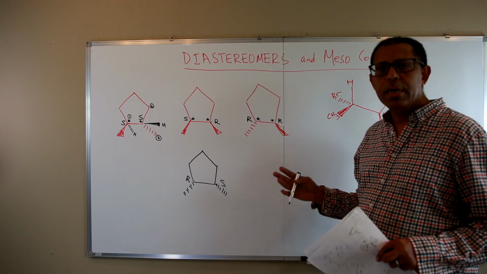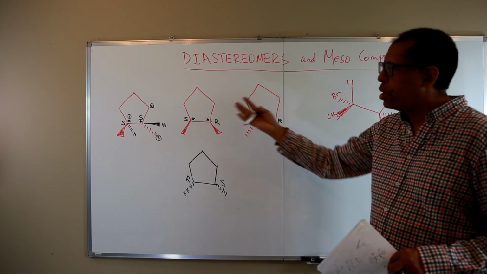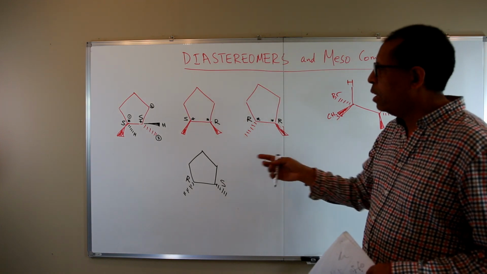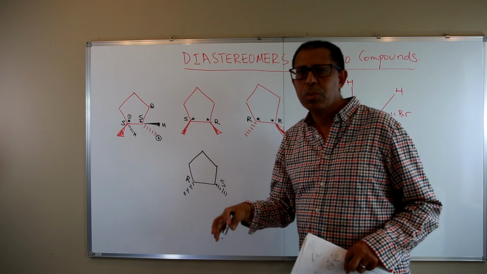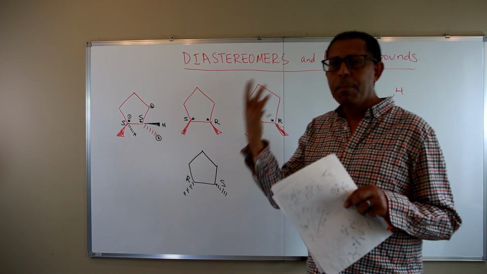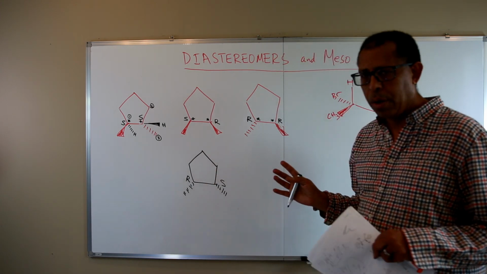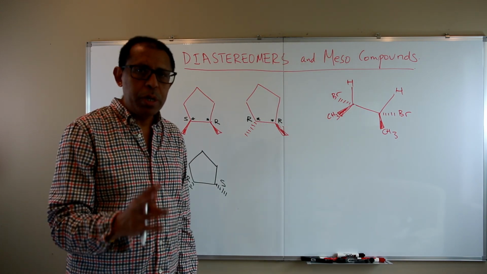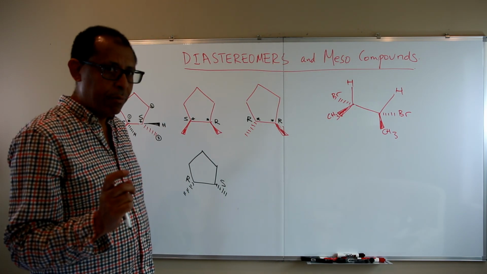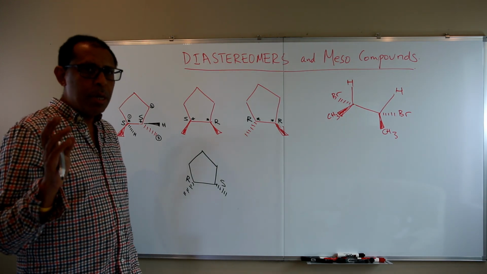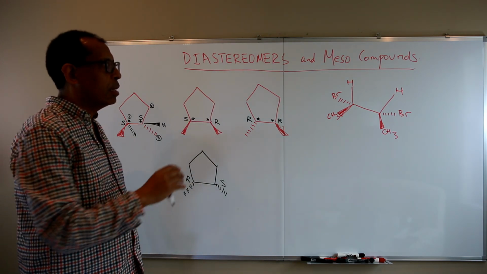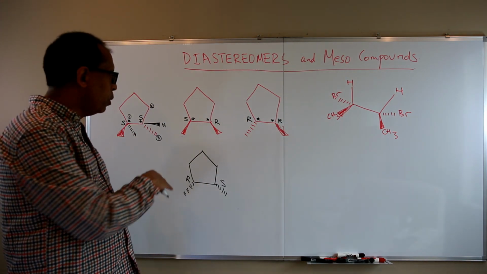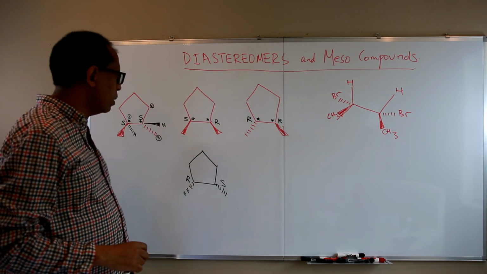So let's find out what is the stereochemical relationship between each one of these. As I said, since we have 2 chiral centers, we could write up to a maximum of 4 different compounds. But the point is now, are all of them unique, 4 compounds? You have to be careful. There are some compounds that qualify as meso compounds. They would not be unique when you have a meso compound.